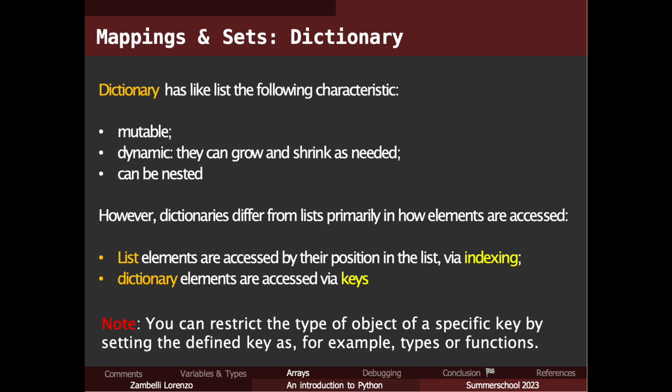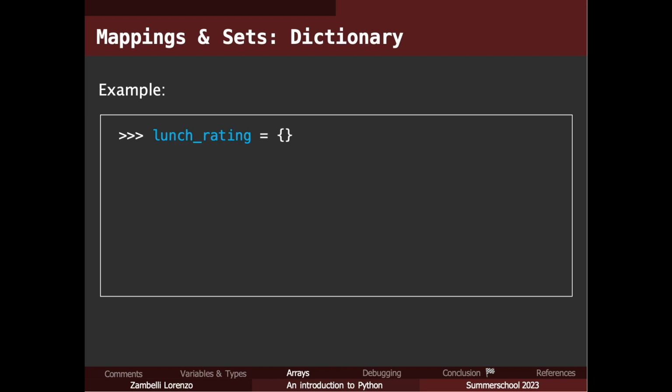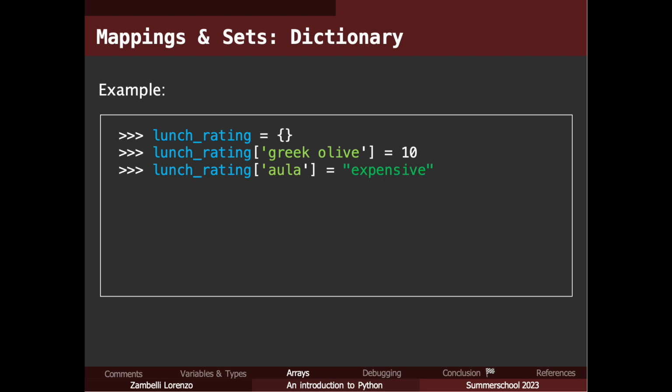Additionally, you have multiple properties on dictionaries, and you can even restrict the type of variable of predefined keys. Example, let's have lunch_rating, an empty dictionary, then we add a key element called Greek olive, and we give a value of 10.